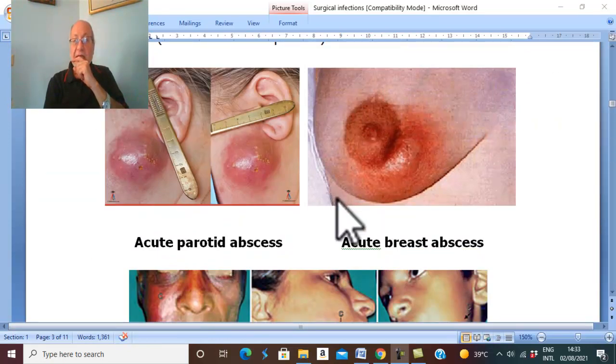Inject in the surrounding healthy tissue. Field block: injection and infiltration of local anesthetic around and under the tissues, and the tissues under the abscess.